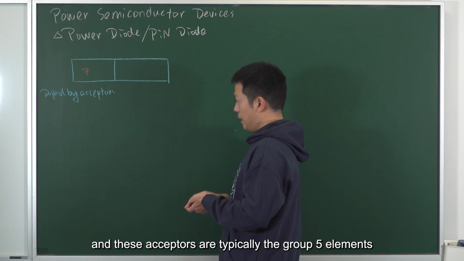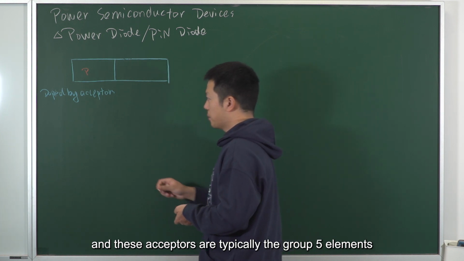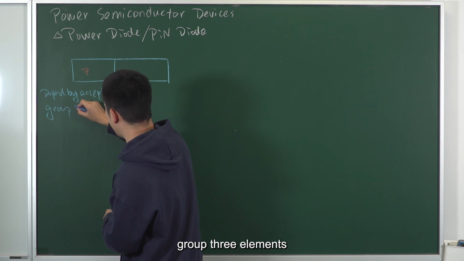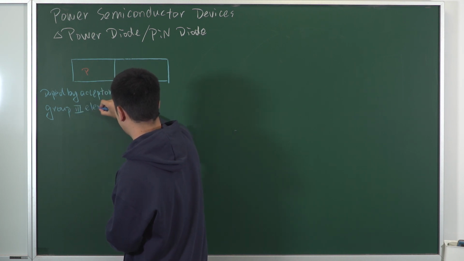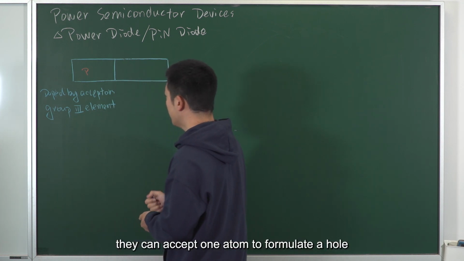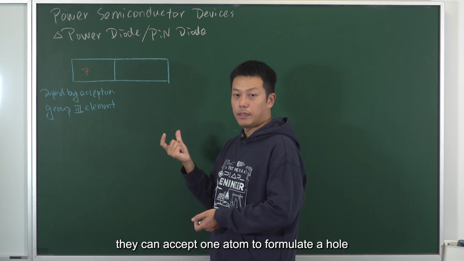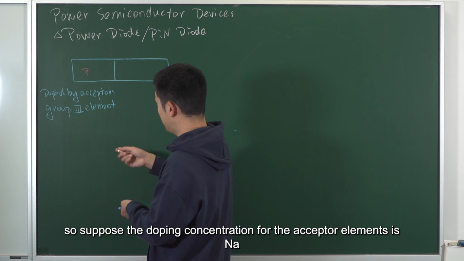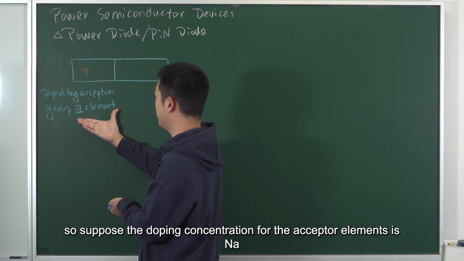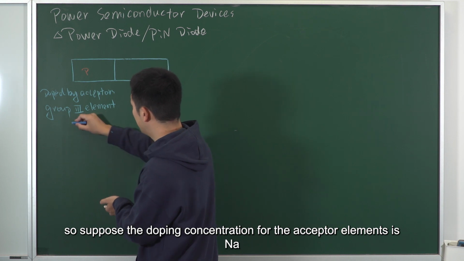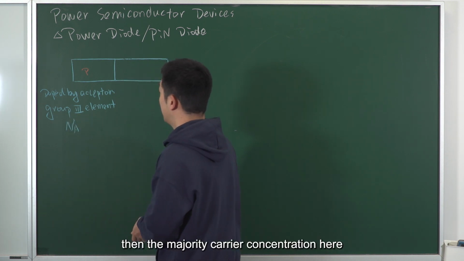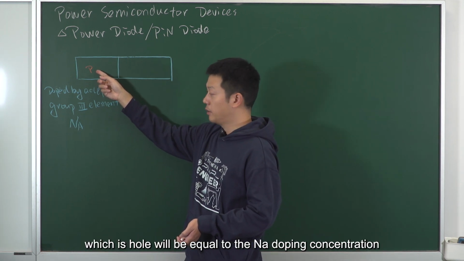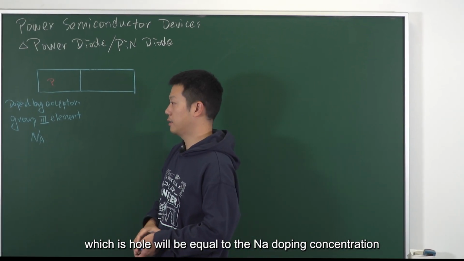These acceptors are typically group 3 elements. They can accept one electron to form a hole. Suppose the doping concentration for the acceptor elements is Na. Then the majority carrier concentration here, which is hole, will be equal to the doping concentration Na.